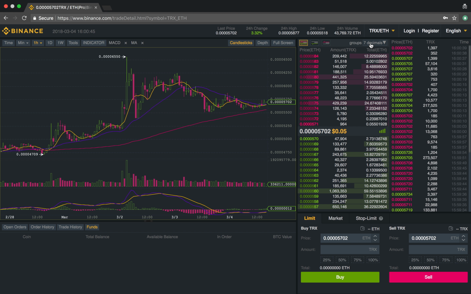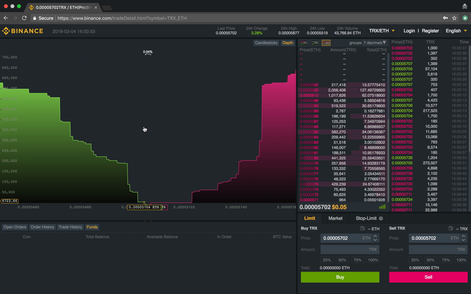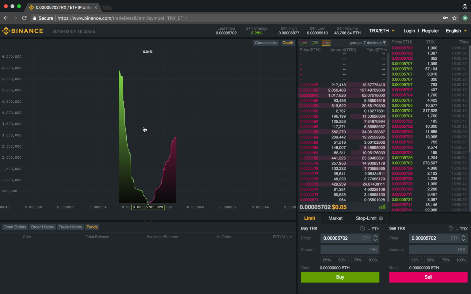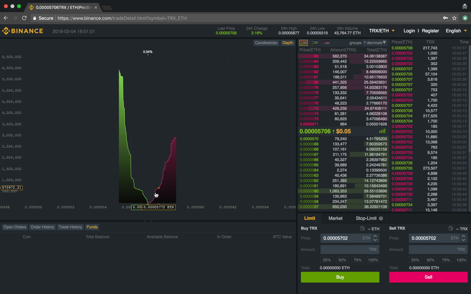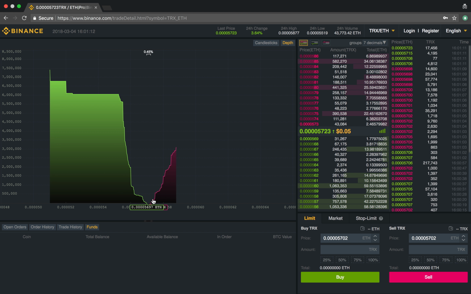You can see just the buying orders. You can see just the selling orders here. And here's your depth. When you look at depth, it's a very interesting way of visualizing these orders right here. So, we see we've got orders in for different levels of the price movement, and it populates.